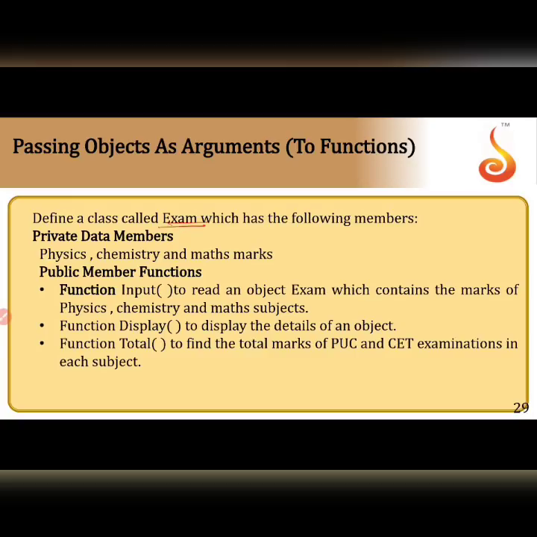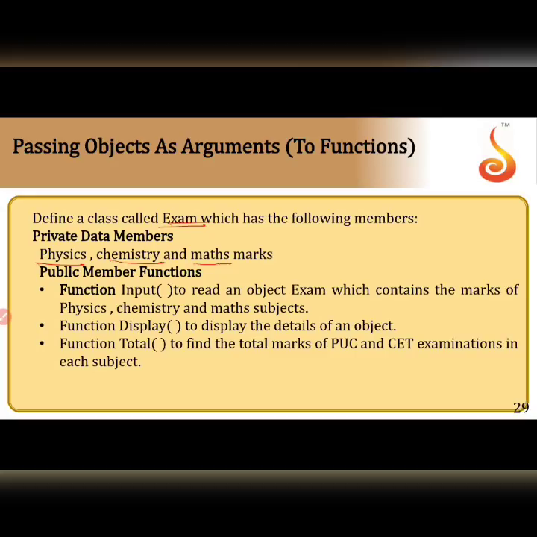So, the name of my class should be exam, and it has 3 data members. It will have 3 variables: physics, chemistry and math. To store the marks scored in physics, chemistry and mathematics, I will have 3 variables which will hold that data for me.